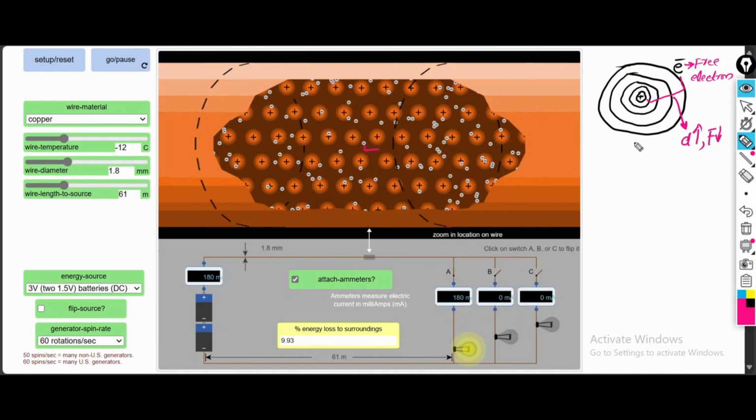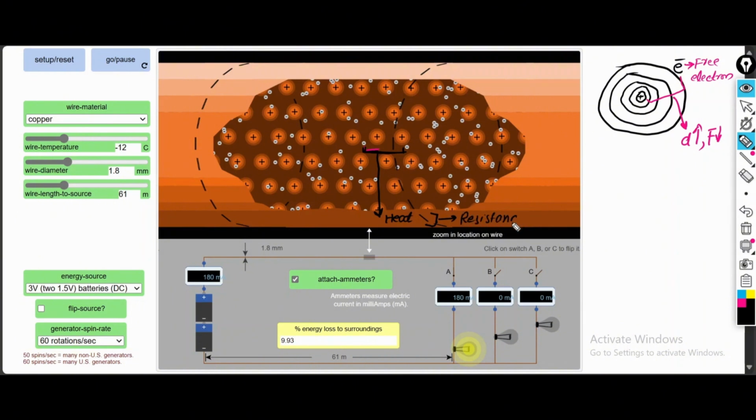During the collision, I am going to change the color of the pen. During the collision of these free electrons, heat will be produced, and this heat is called resistance.